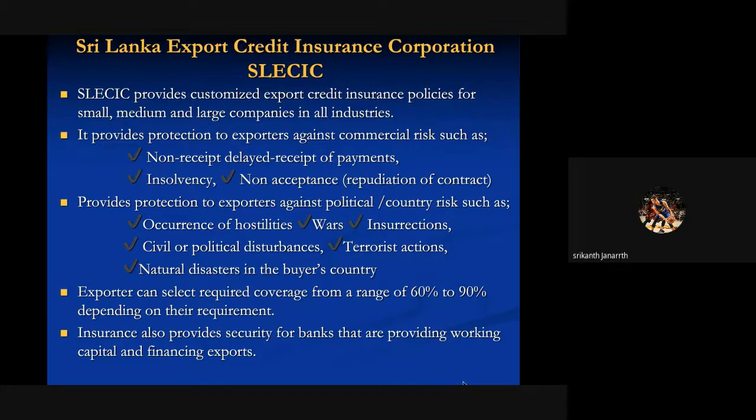So SLASIC gives a guarantee to the bank extending the post-shipment or pre-shipment facility to the exporter, we will cover you. The coverage is 60 to 90%, so you need not worry. The premium needs to be paid by the exporter, because the exporter's risk is the bank's stake. So the exporter has to pay the premium for the insurance policies, right? That is the revenue the SLASIC company generates by offering these products.